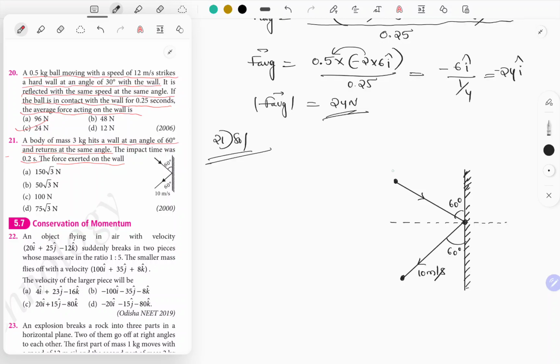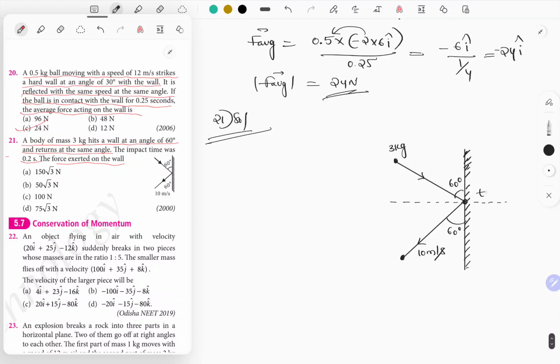They have already given the impact time, that is equal to 0.2 seconds. Okay, so let me find out.